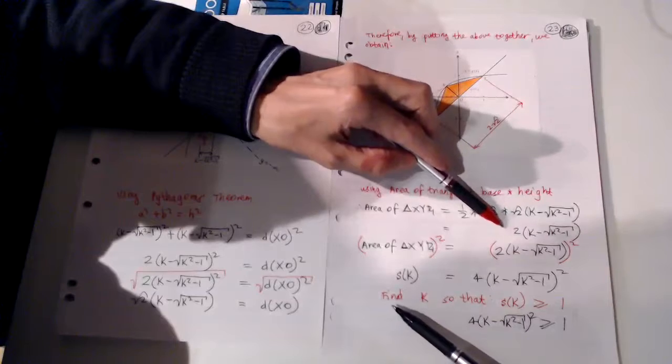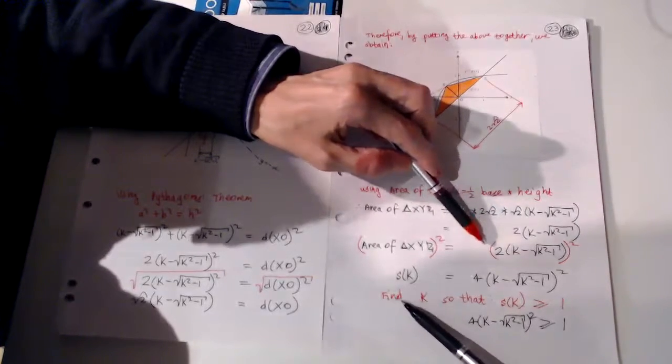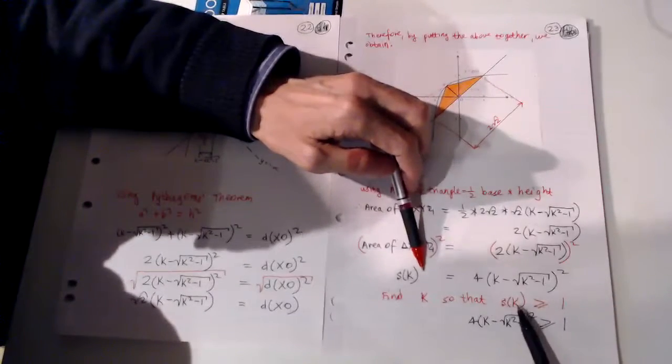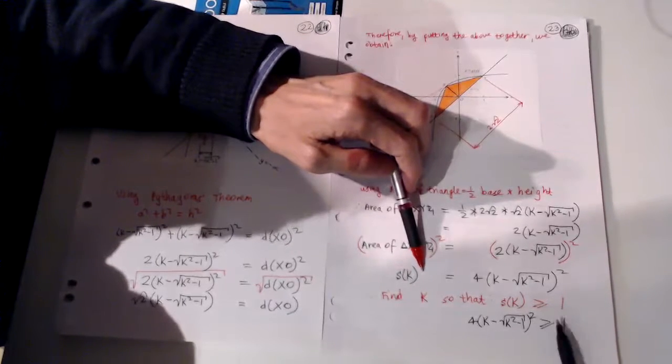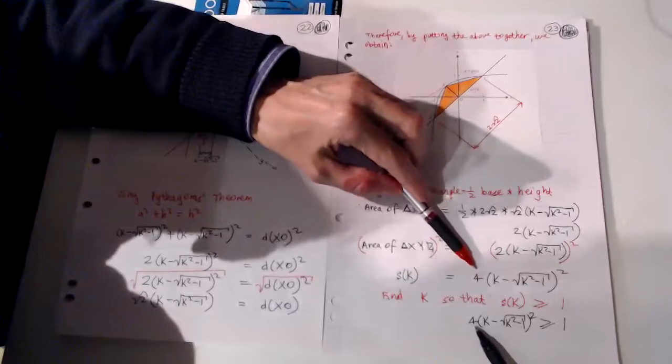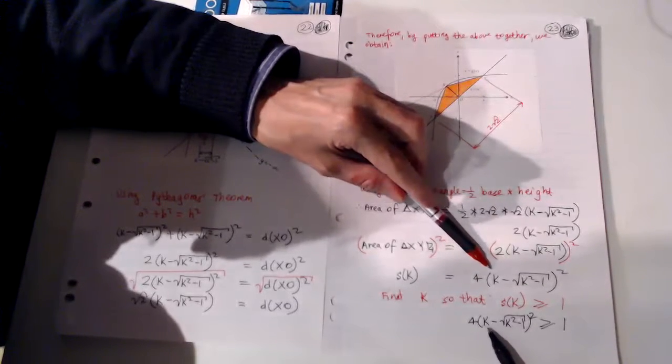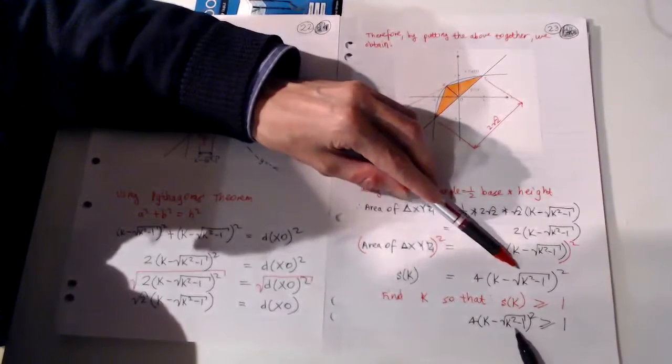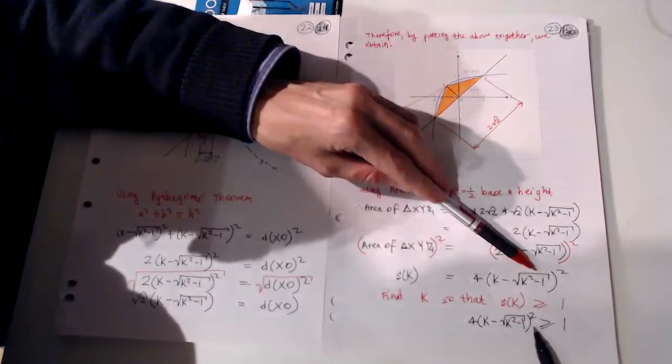Now, then from that, find k so that S(k) is greater than or equal to 1. That is, find k for 4 open brackets k minus square root of k squared minus 1 squared greater than or equal to 1.